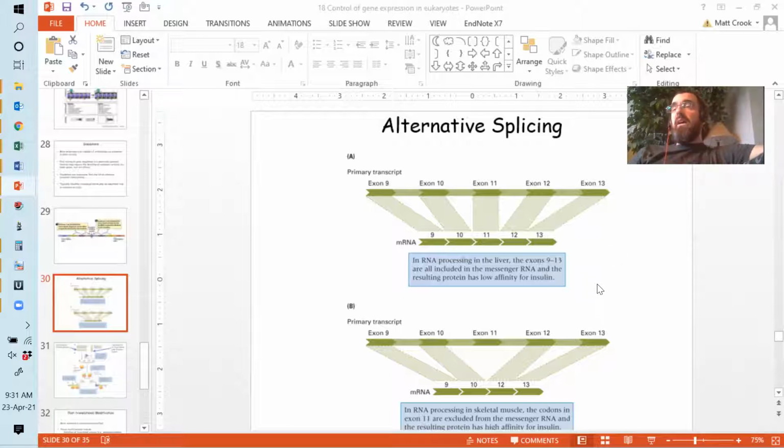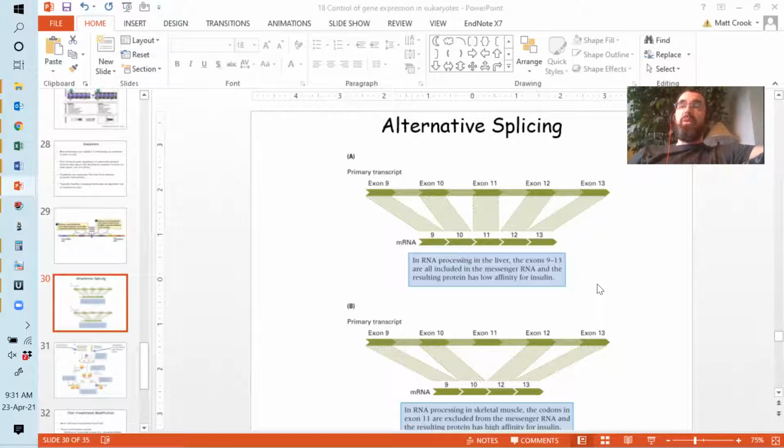Now, also don't forget the liver is one of the main organs which takes up glucose out of the blood. Can you remember which the other organ is? What else takes up glucose out of the blood in response to insulin? What else needs glucose?